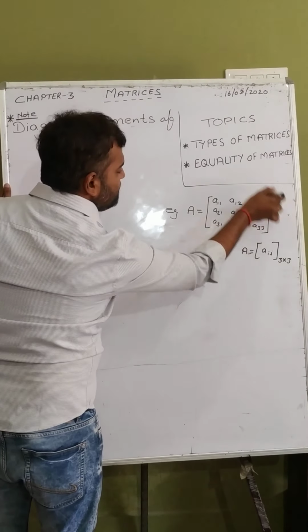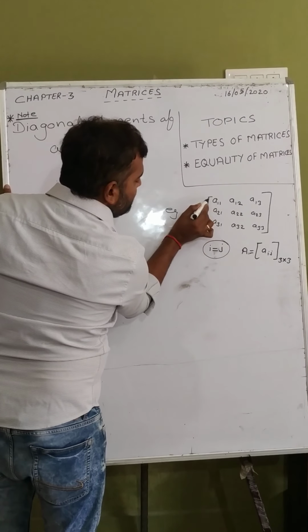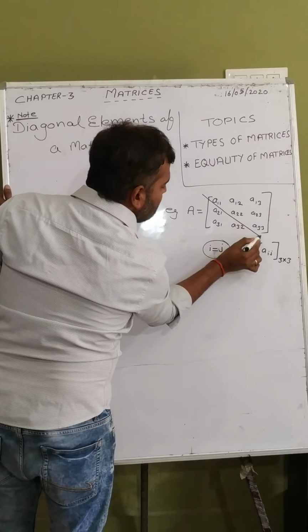See, in these 9 elements, how many have i equal to j?